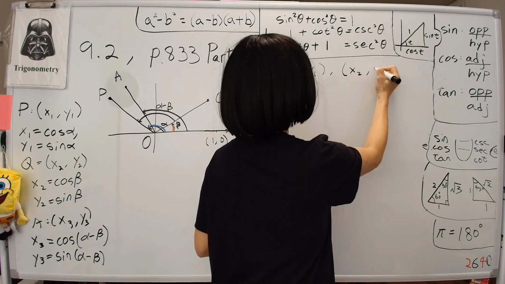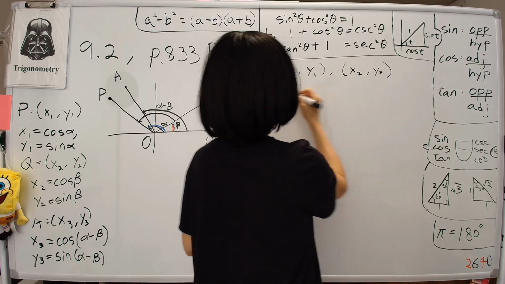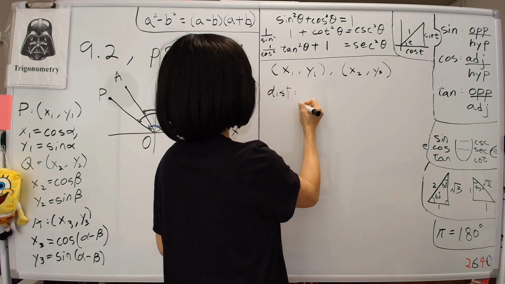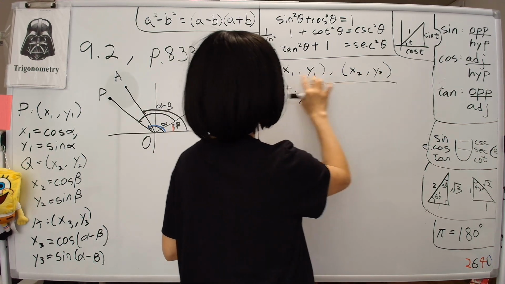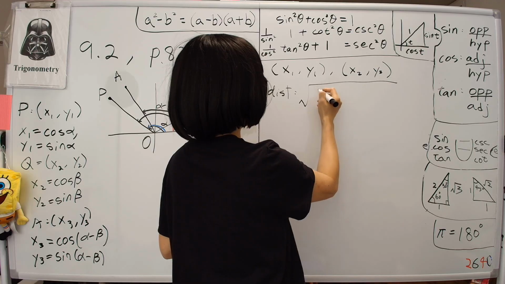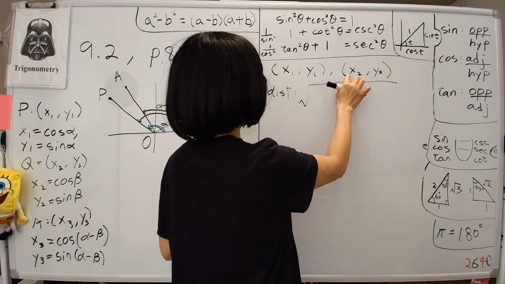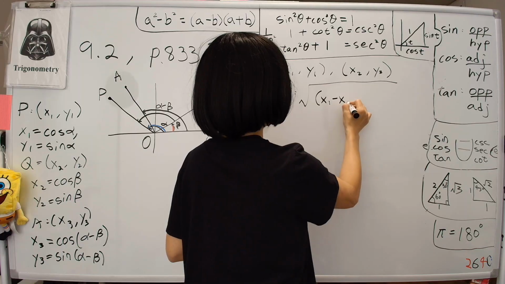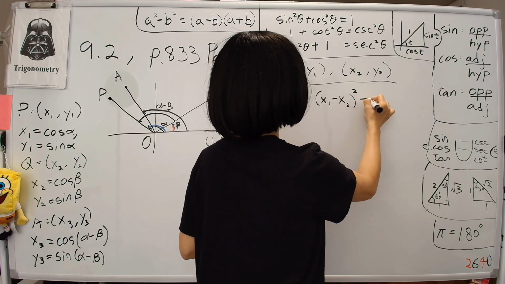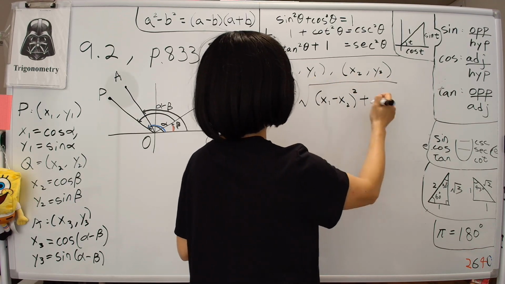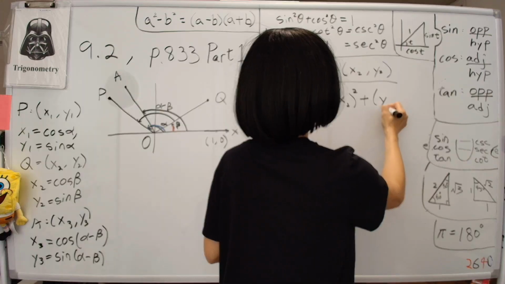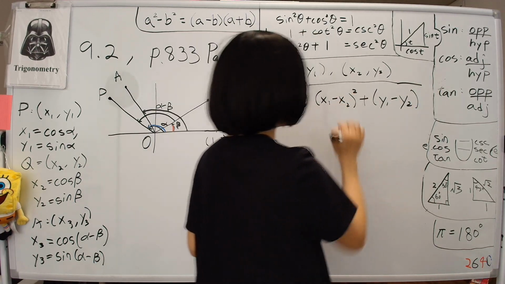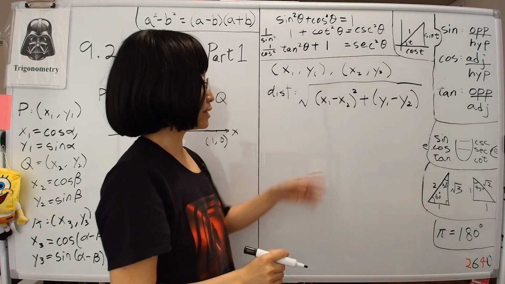The distance formula from algebra is given as the square root of the distance between the x coordinates, that is x1 minus x2, squared, and then plus the difference of y coordinates, y1 minus y2, squared. This is another way of saying the Pythagoras theorem.